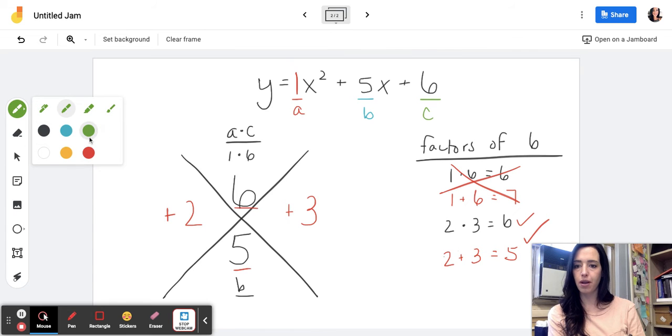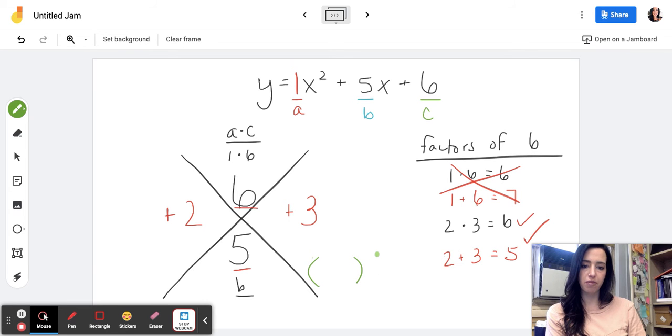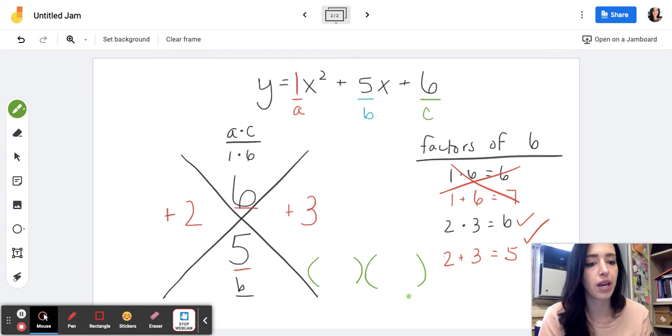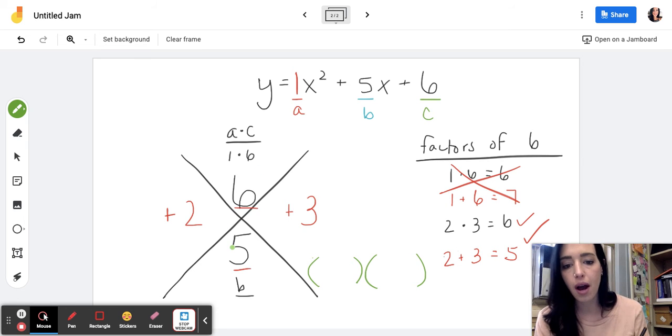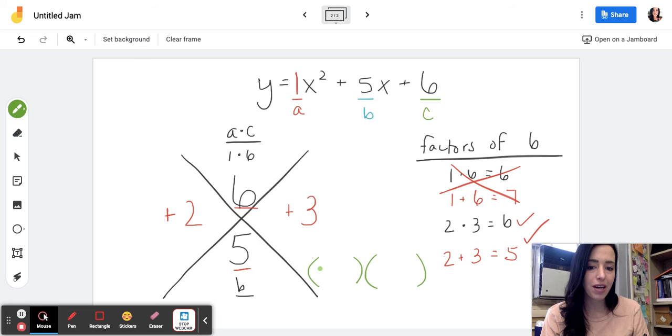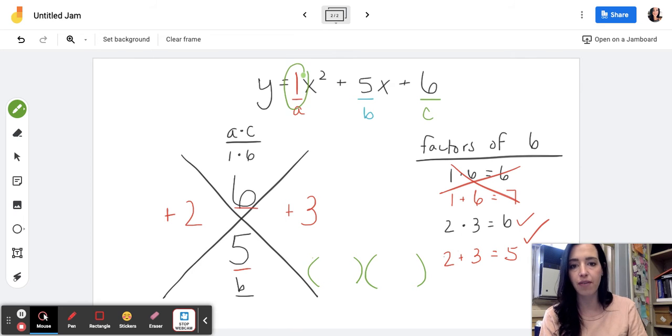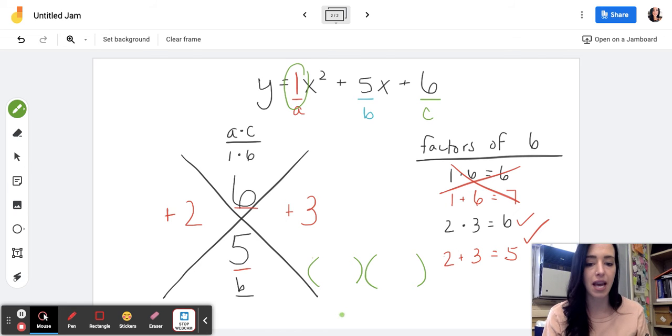We'll make this work. Factored form, like always, we know that we have 2 sets of parentheses, right? That's what we were doing all of last week. We have 2 binomials, which means 2 sets of parentheses that each have 2 terms in them. Fun fact, it's a long story, but because A is always going to be 1 in this case, how I'm going to set these parentheses up is just put an X and an X in both of them.